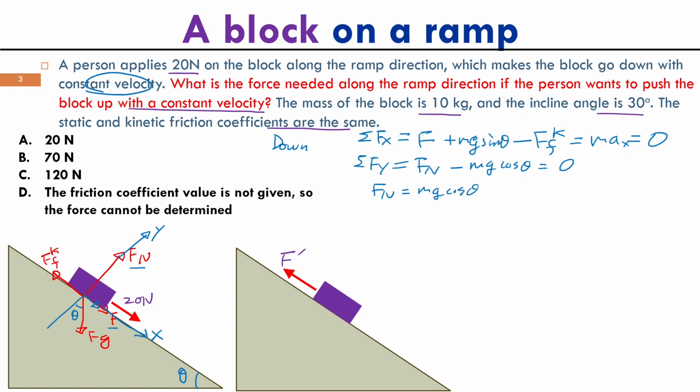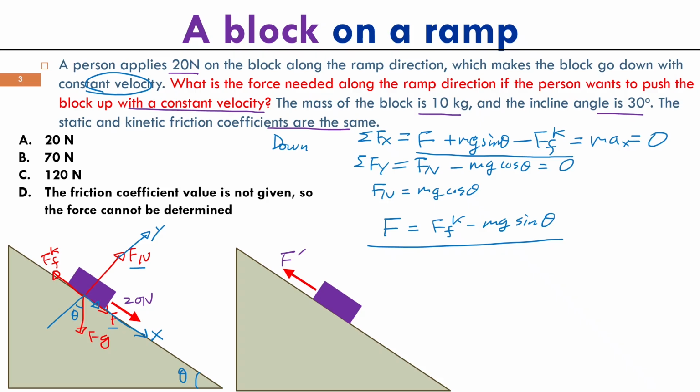I can also find the relationship between applied force, friction and gravity. The applied force equals the friction force minus mg sine theta. This is the relationship I get from the downward motion.